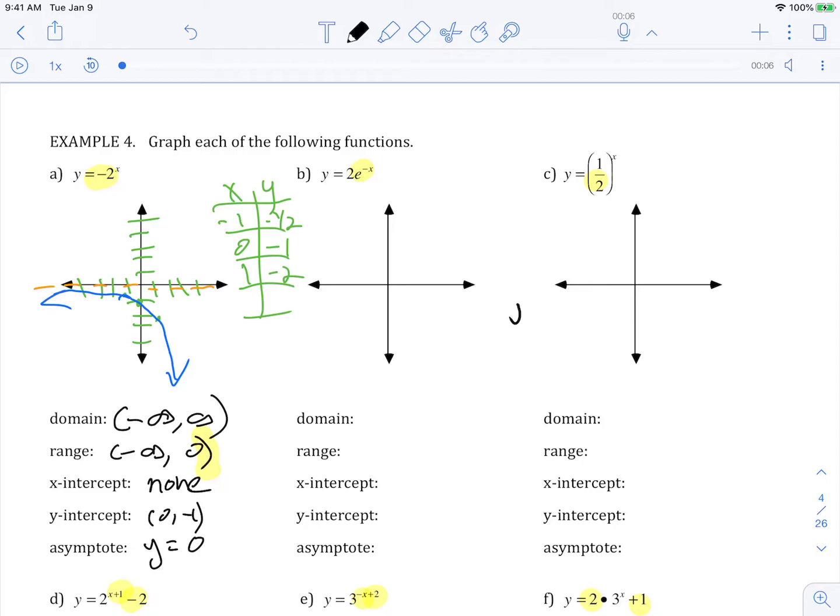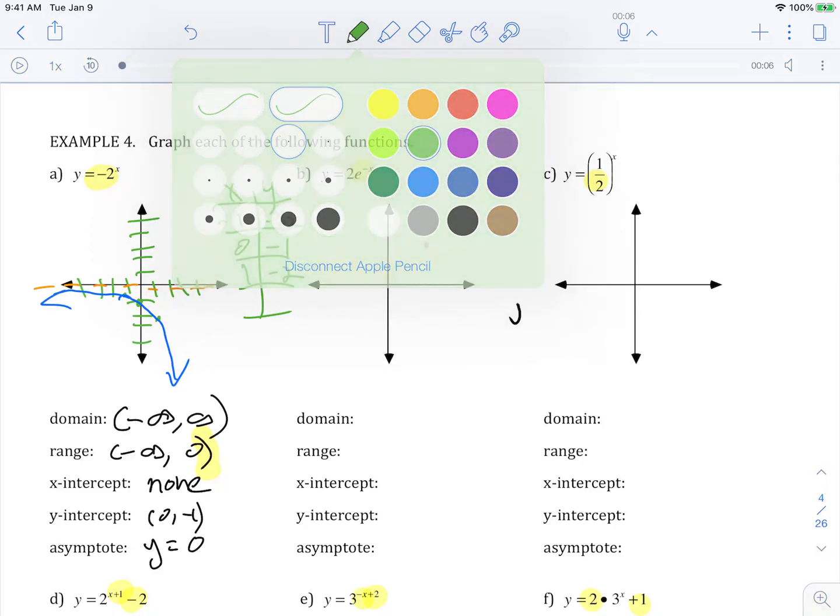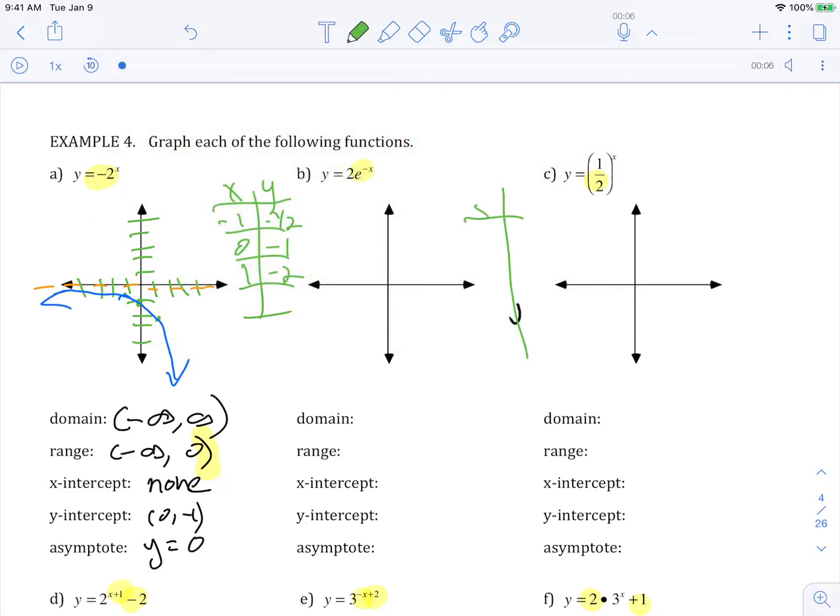Over here, another graph, table of values. So, just 3, 4, 5 points, perfect. Get a feel for what this graph looks like. So we have -1 and 5.4, 0 and 2, and 1 and 0.74.